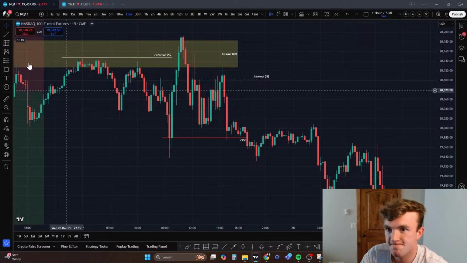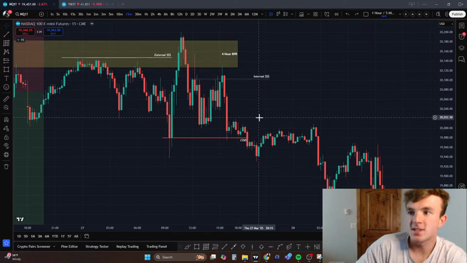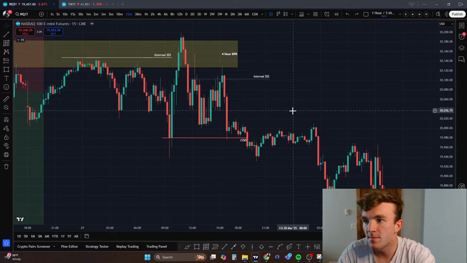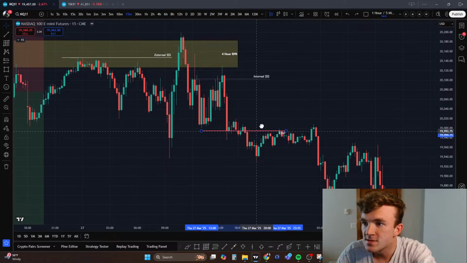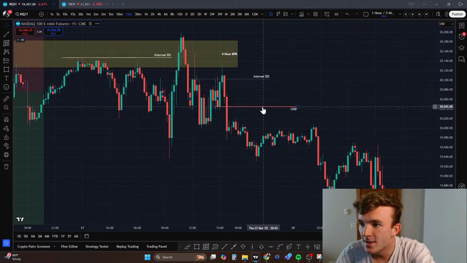And then, I mean, it's not the most obvious change state delivery, but actually, could you consider this change state delivery? Maybe.